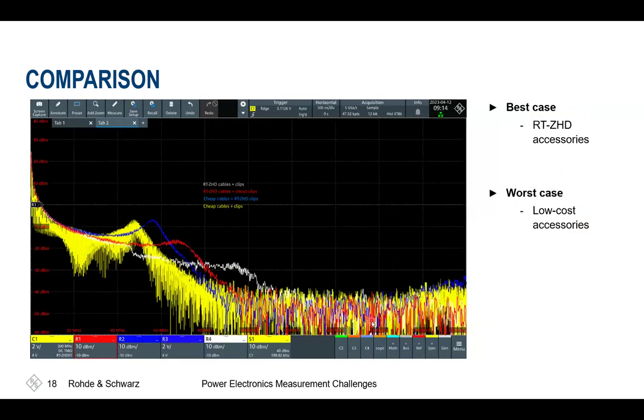And not only the rise time is changing, also if you look at the spectrum, there's a significant difference in the spectra visible. So you'll see for the cheap cables and clips, you'll have a low pass filter added, so the higher frequency components are much more attenuated. You also see that you'll have some gain for the usage of cheap cables with the high quality clips.